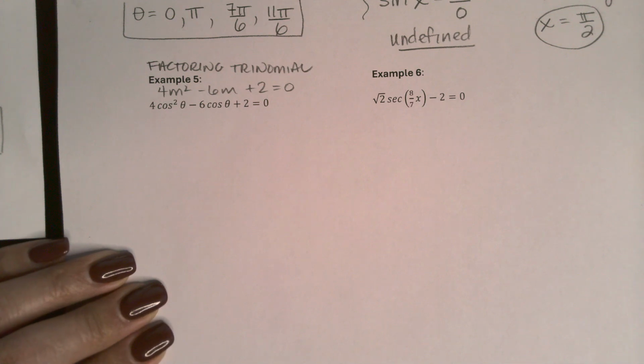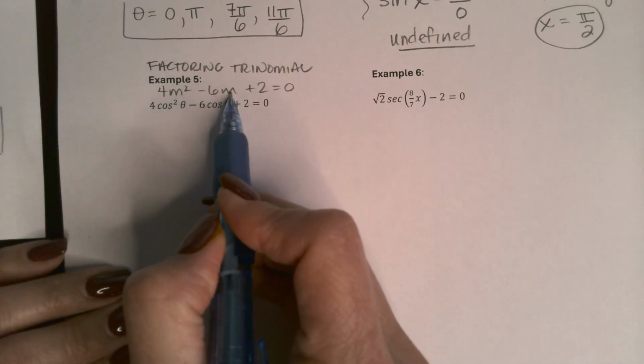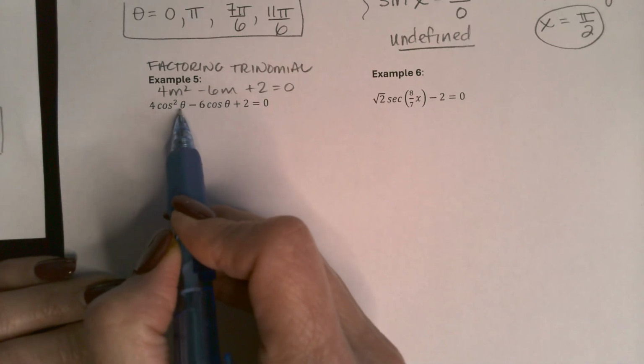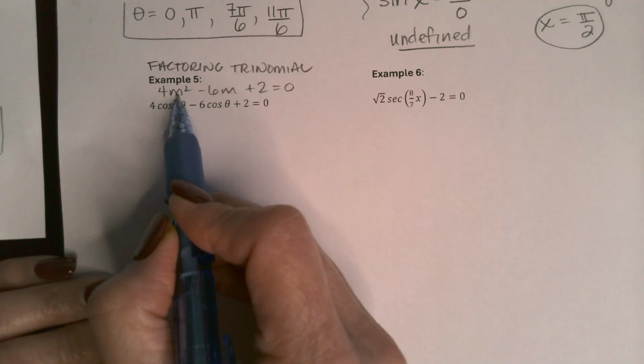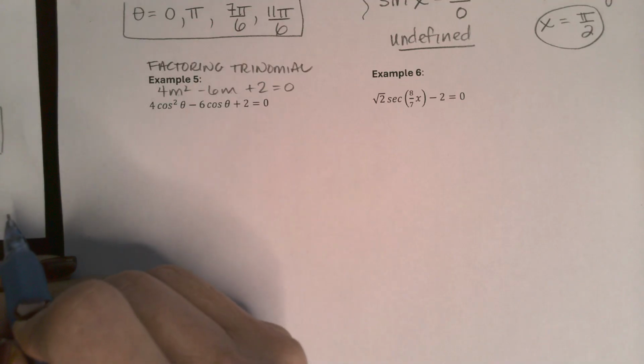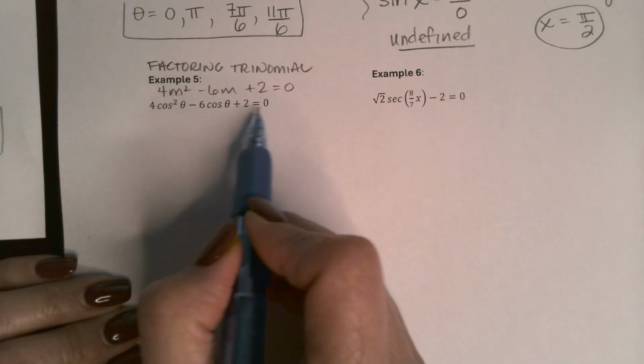Like what we did way back when. So that's all we're doing. The only difference is instead of using single letter variables, we are using a trig function in its place. The rules still apply. What's the number one factoring method we always do?